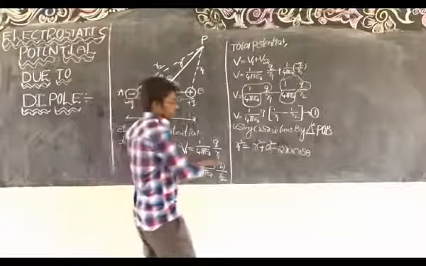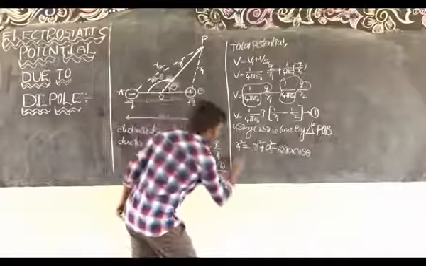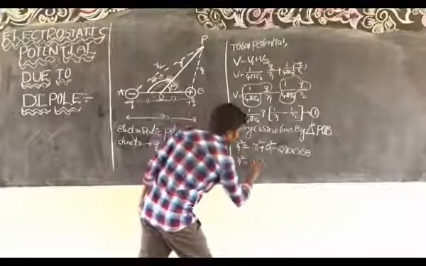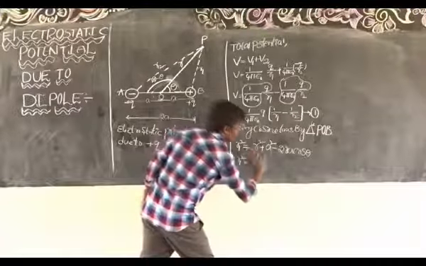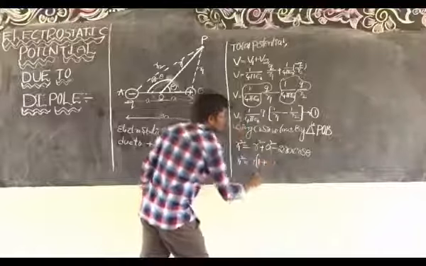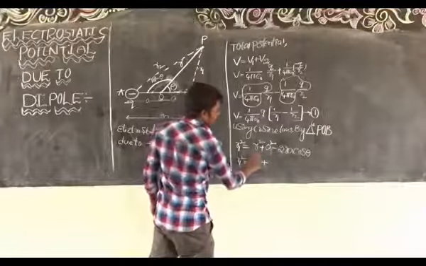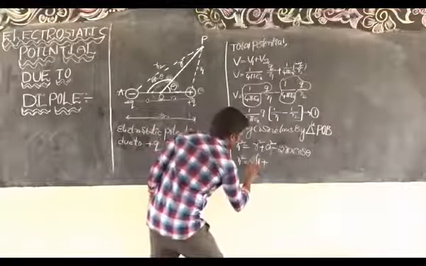Okay. Now after that, you can take the common R square here. R1 square is equal to, take the common R square.